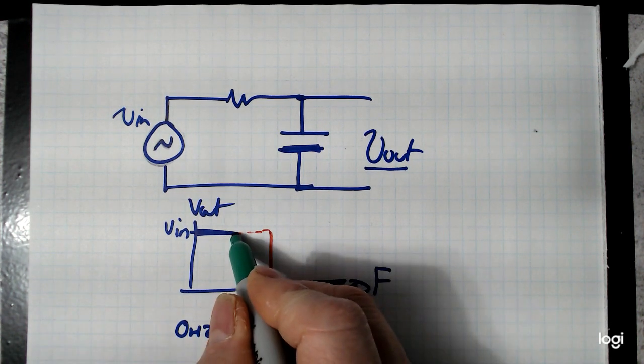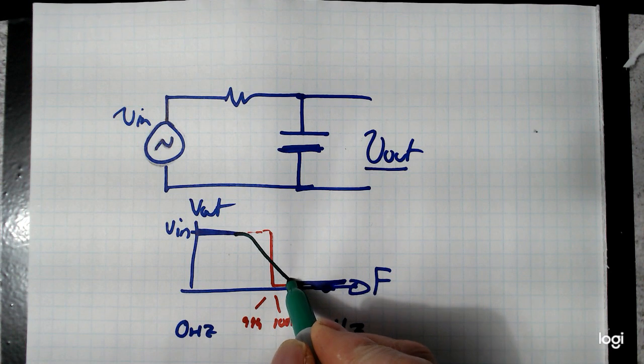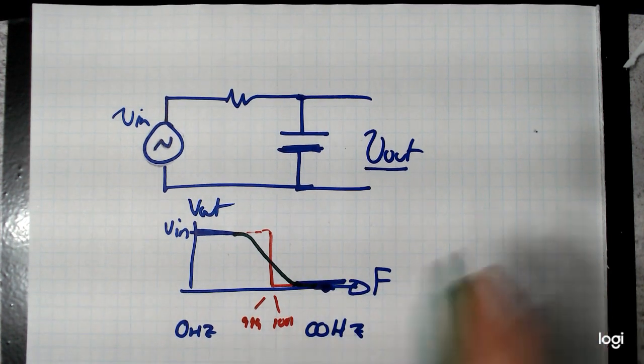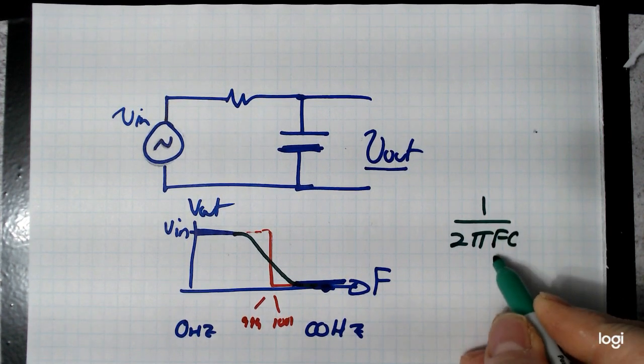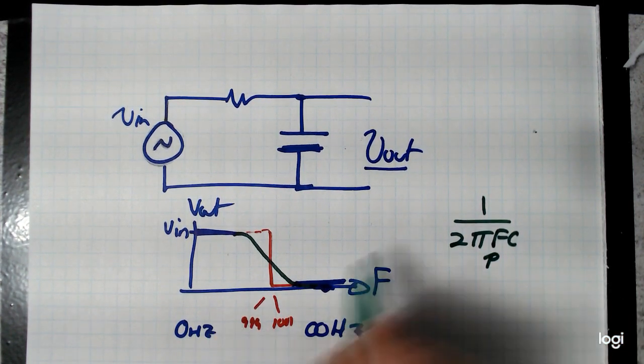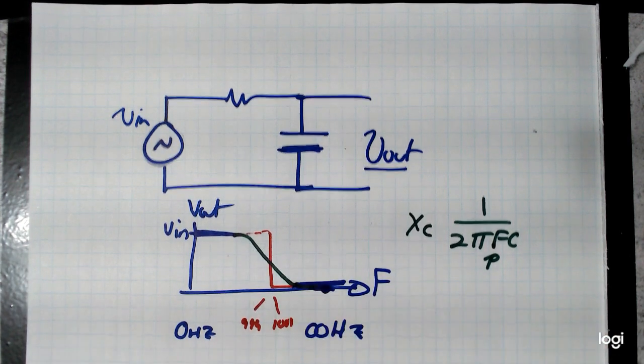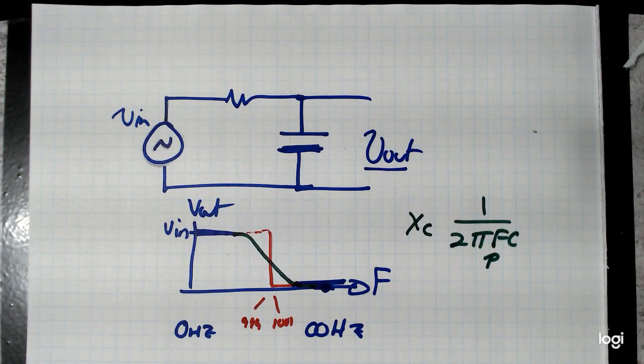The actual output falls in a transition as 1 over 2 pi Fc. As F slowly increases, Xc starts to decrease. So it's a slow transition between a high output and no output.